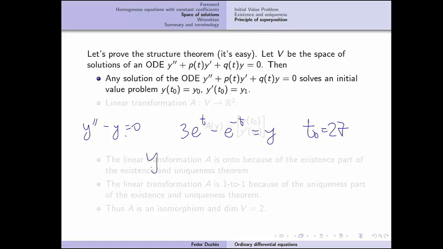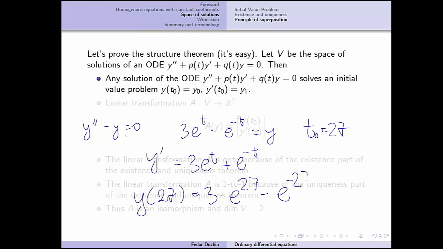Then y prime is going to be 3 e to the t plus e to the minus t, and it means that our y solves the initial value problem with the initial conditions y of 27 is 3 e to the 27 minus e to the minus 27, and y prime of 27 equals 3 e to the 27 plus e to the minus 27, right?